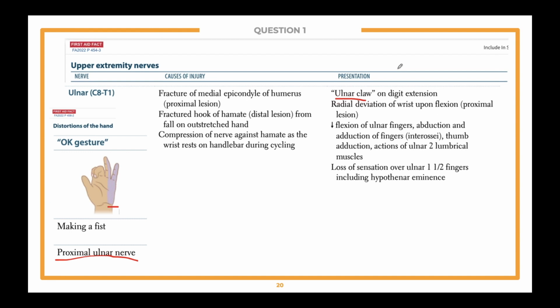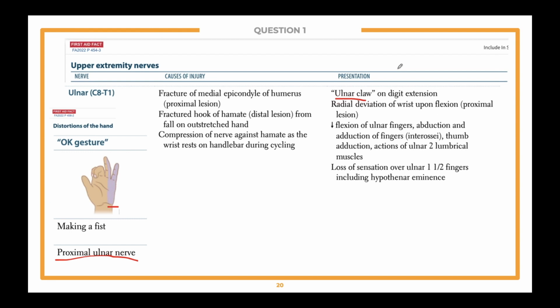Now, why is this the best answer? So the thing is, flexion of these fingers is actually done through the medial portion of the flexor digitorum profundus. The medial portion of the flexor digitorum profundus attaches to the fourth and fifth digits. That's what's innervated by the ulnar nerve, okay?